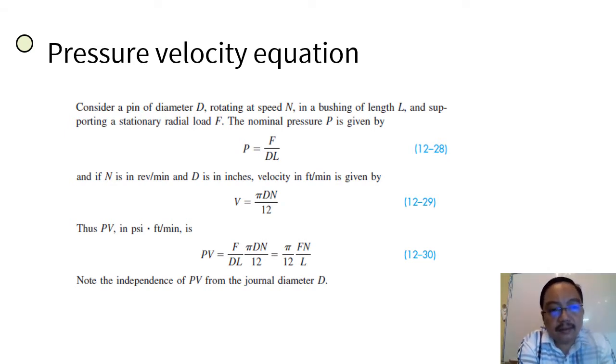And the PV, pressure and velocity in psi feet per minute, is given by this equation, PV equals F n over 12 l. Note the independence of PV, pressure velocity, from journal diameter.